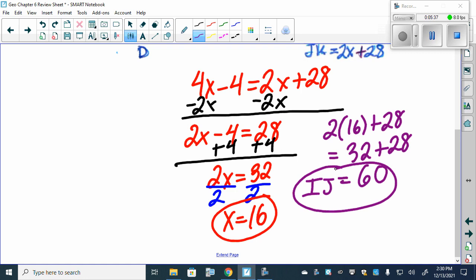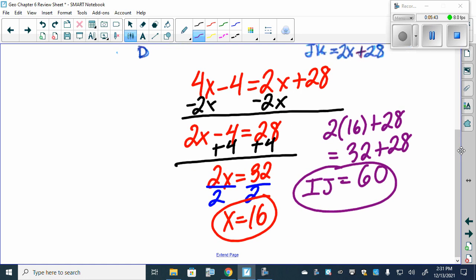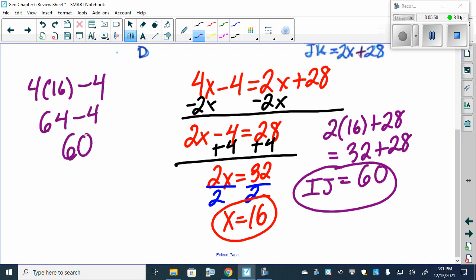And one way that we can double check our answer to make sure we got the correct answer is by plugging it into both, 4x minus 4. Because if we do 4 times 16 minus 4 and we also get 60, then we have the correct answer. So they both give us 60. Because when we get the correct value of x and plug it into both, we will get the same answer.